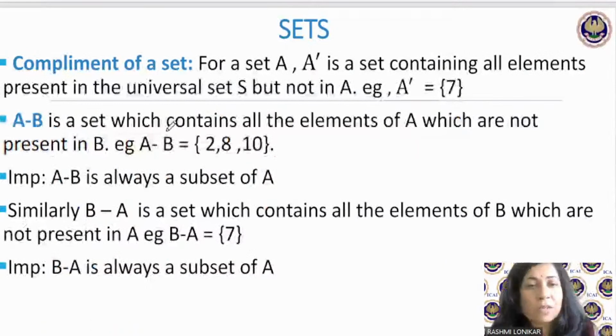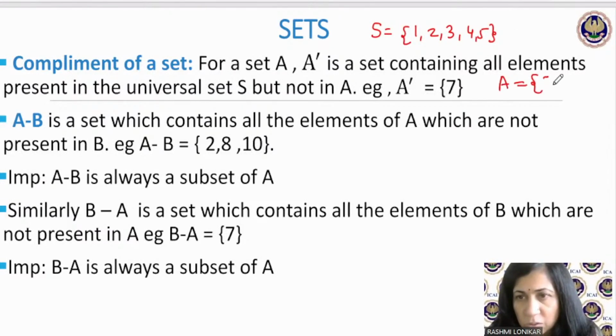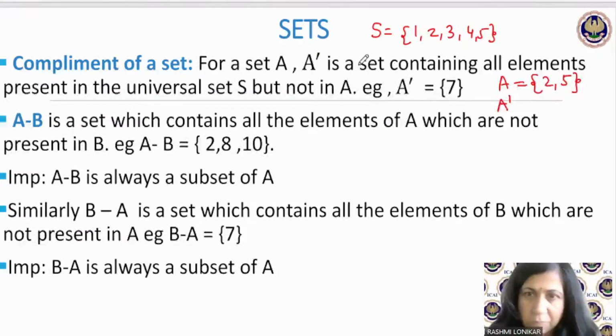Then complement of a set. Suppose I have my universal set equal to 1, 2, 3, 4 and 5, and my A is equal to 2 and 5. Then my A complement, represented like this, is equal to what?